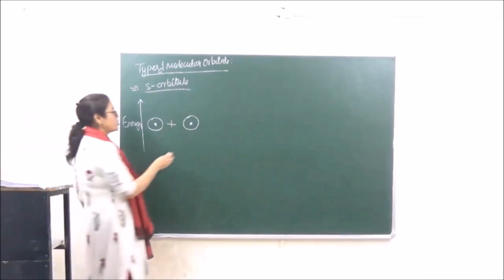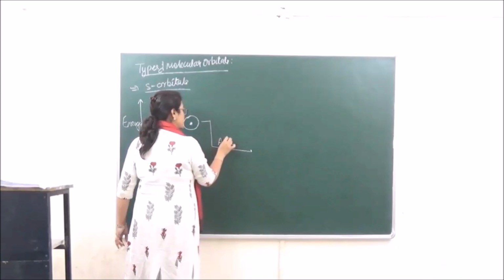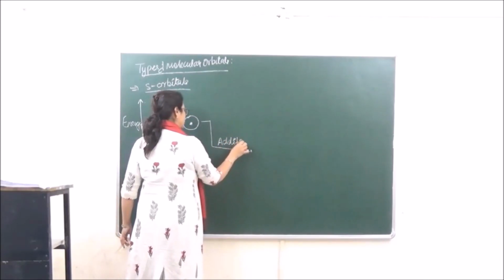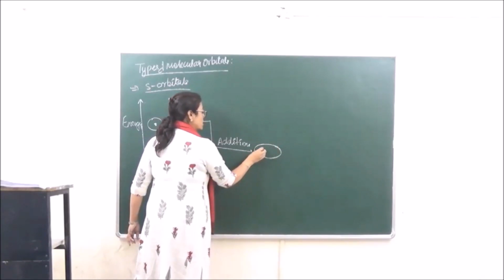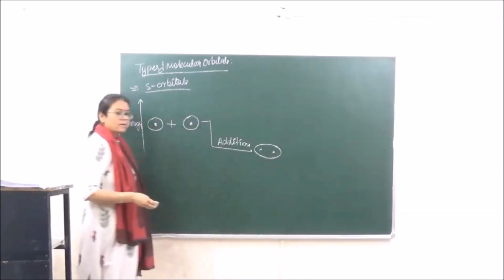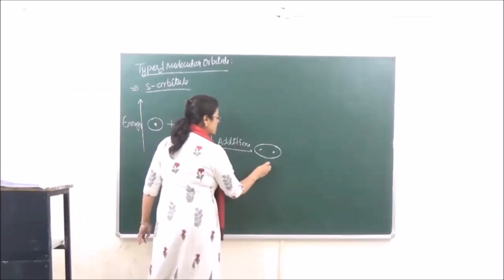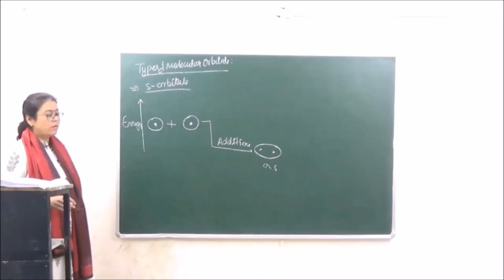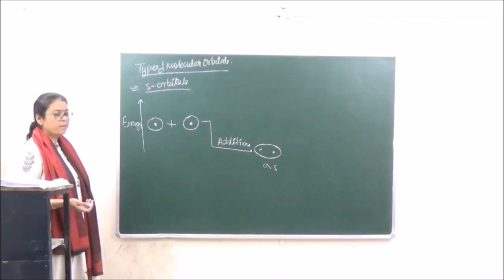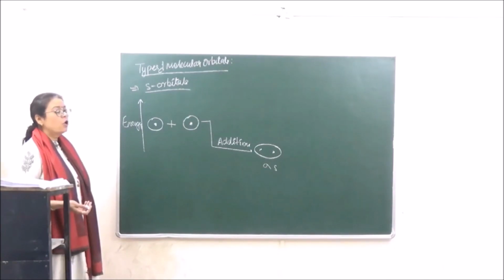If there is addition of s orbitals taking place, the molecular orbital which will be formed will be polycentric, having both the nuclei. Okay? Then this is known as sigma s. Okay? Because head-to-head overlapping is going to take place over here. There can't be any sidewise overlapping because of the non-directional nature of s orbital.